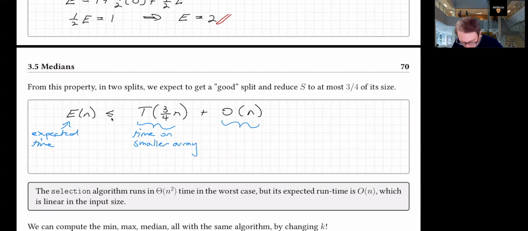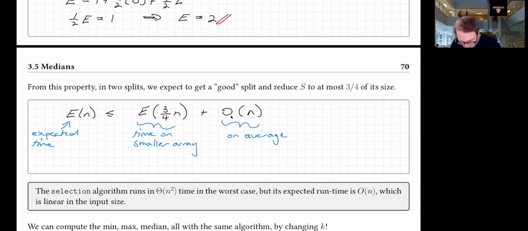And this is the time to do 2 splits. And so this is an expected time, right? And sorry, here, this should be an E, because I wrote an E on the left, right? The expected time to run on an array of size n is 3/4 n plus big O of n.